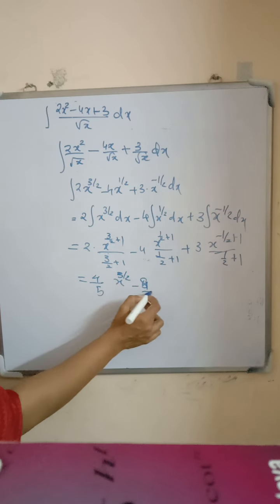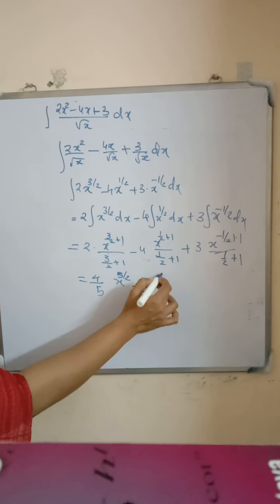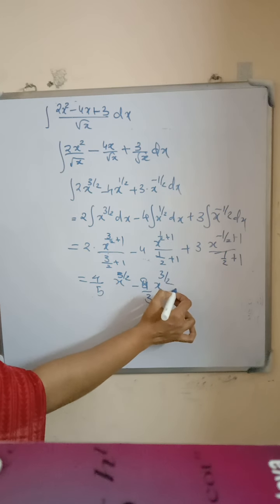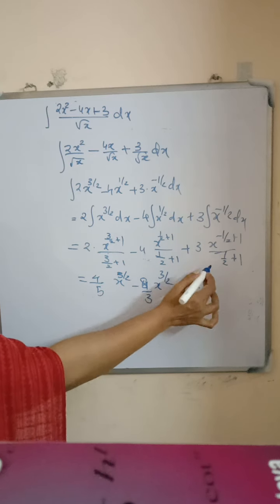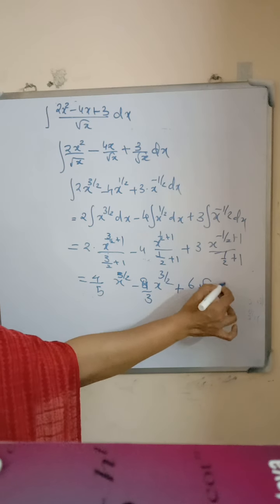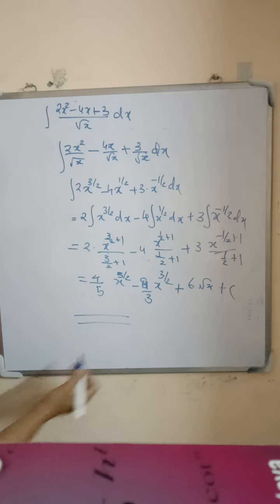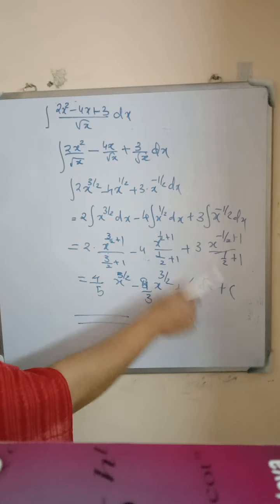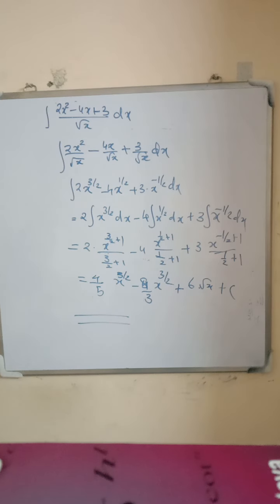After calculation we get 4 by 5 x raised to 5 by 2 minus 8 by 3 x raised to 3 by 2 plus 6 into x raised to half, that is root x, plus constant c. Adding c in all the integration, that is the final answer.